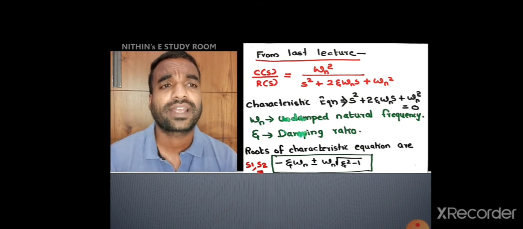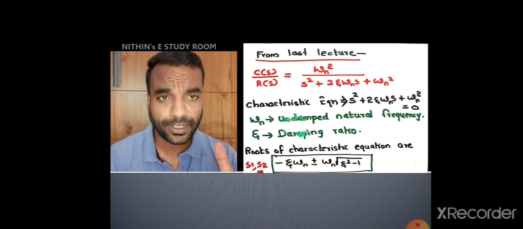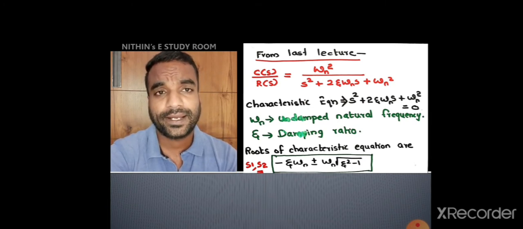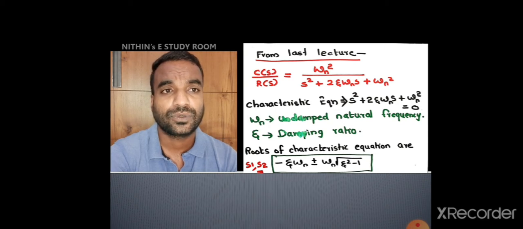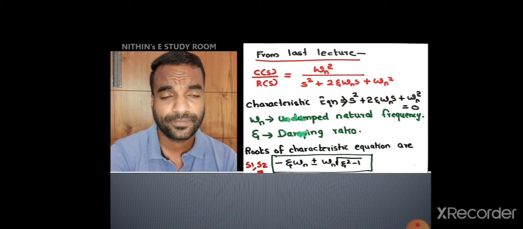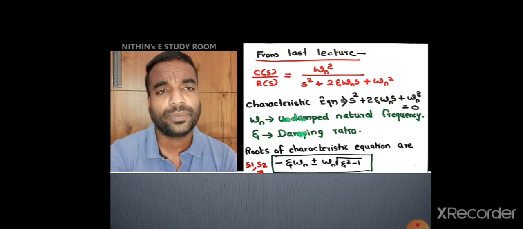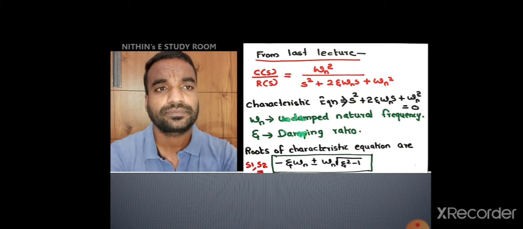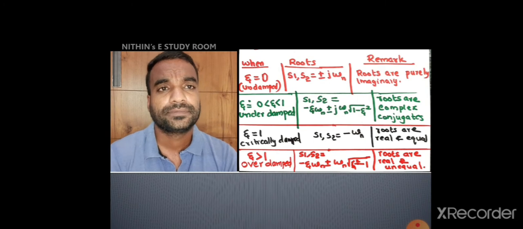Anyhow, the roots of the characteristic equation given above are minus eta omega n plus or minus omega n into root eta square minus 1. Better you memorize this: minus eta omega n plus or minus omega n root eta square minus 1.